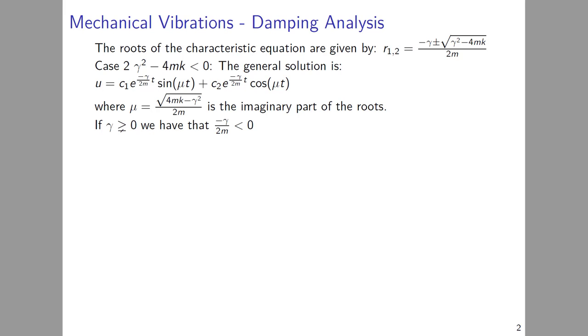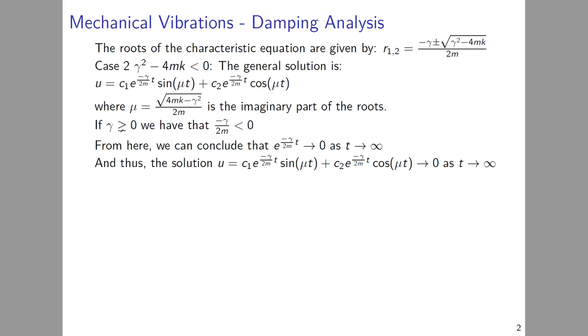Now, if gamma is strictly positive, then we have that this real part, negative gamma over 2m, is strictly negative. From here, we can conclude that e to the negative gamma over 2m t goes to 0 as t goes to infinity. And thus the solution u equals c1 e to the negative gamma over 2m t sine mu t plus c2 e to the negative gamma over 2m t cosine mu t goes to 0 as t goes to infinity.